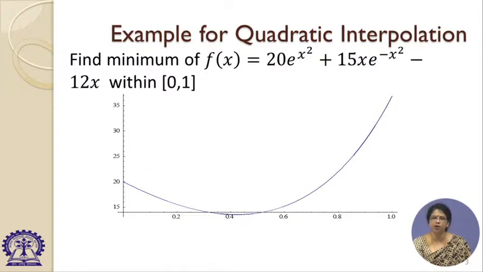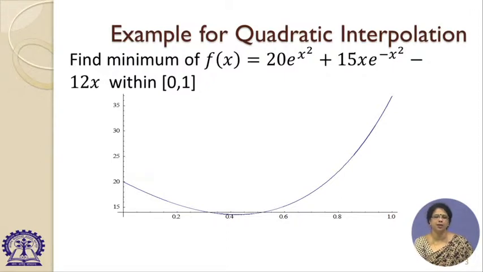You can try it with some other software to see how the function looks. If I ask you to find the minimum of this function, you can use different methods you have learned before: Fibonacci, golden section, interval halving, even exhaustive search. But you see, with the quadratic interpolation, we will get the solution so quickly.